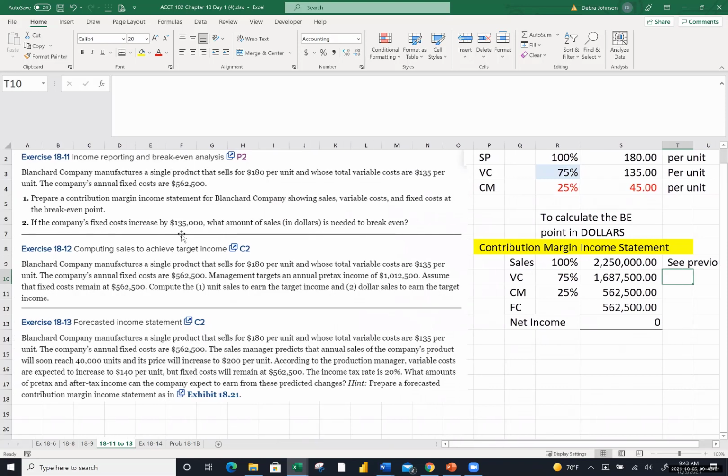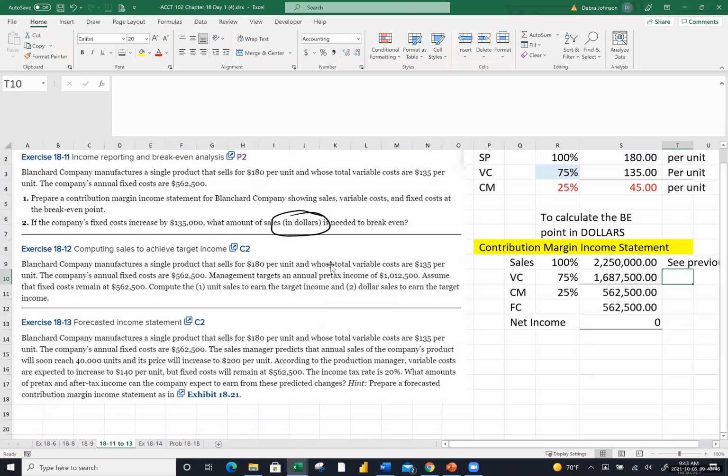Number 2 says, if the company's fixed costs go up, what amount of sales, Danya, back to your question, in dollars, not units. Sometimes he's going to ask us units. Sometimes he's going to ask us dollars. What amount of sales in dollars is needed to break even? Okay, stop.